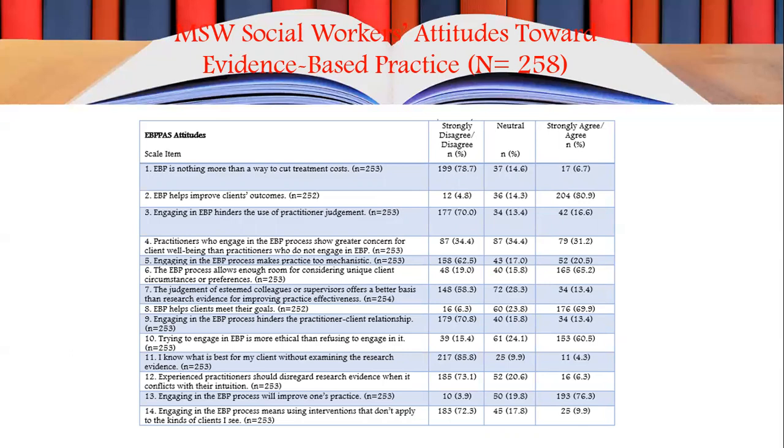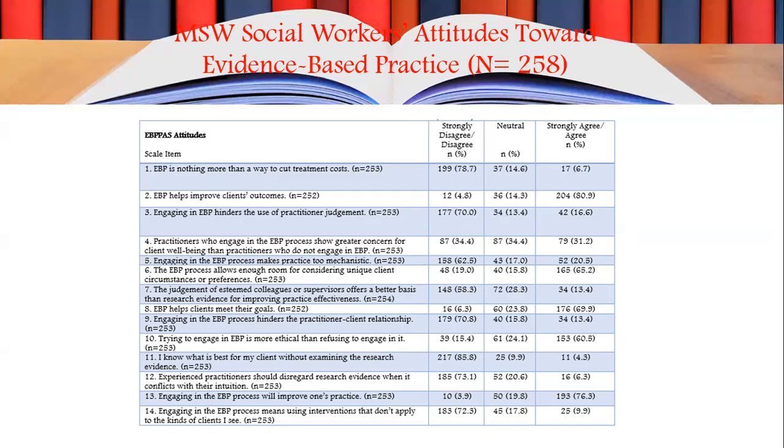And as you can see, the sentiment is generally positive, right? So it's not so much the attitudes per se that are a problem. As social work practitioners, we're trained to understand the importance of EBP in practice. So generally speaking, most folks see EBP in a positive light, and they see the value of EBP.